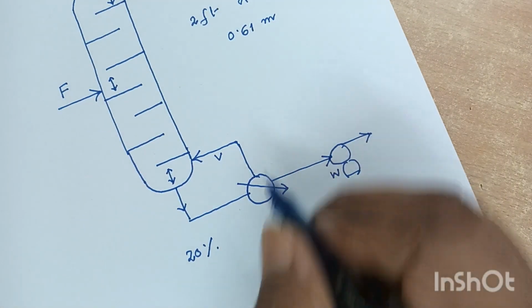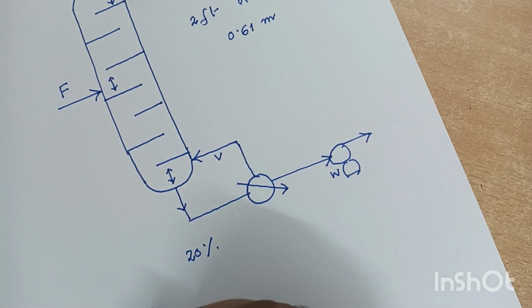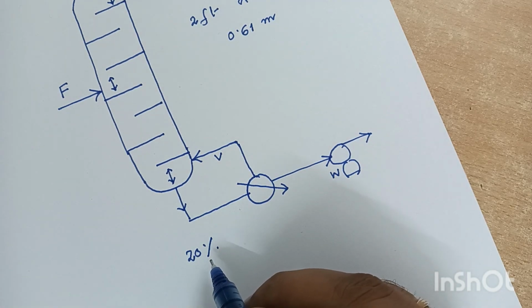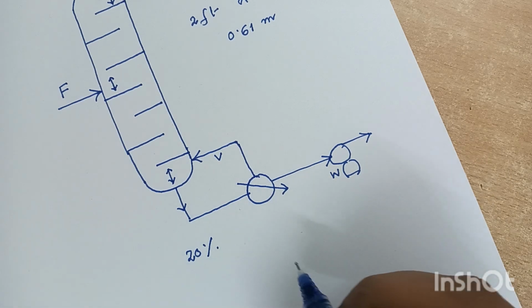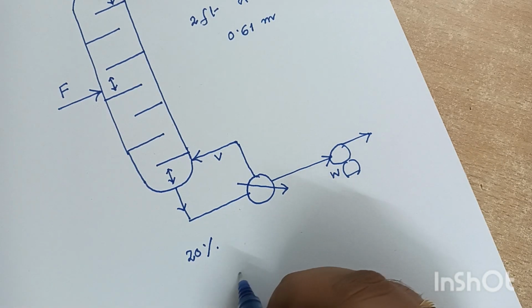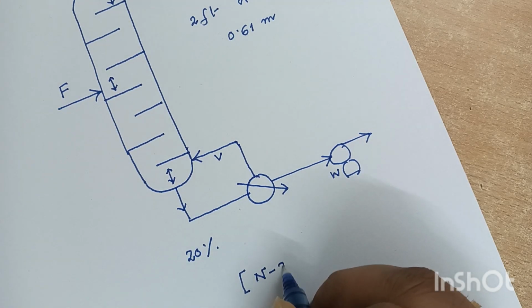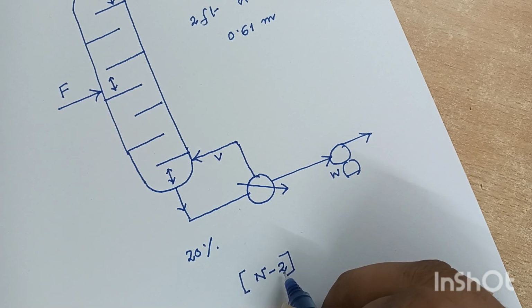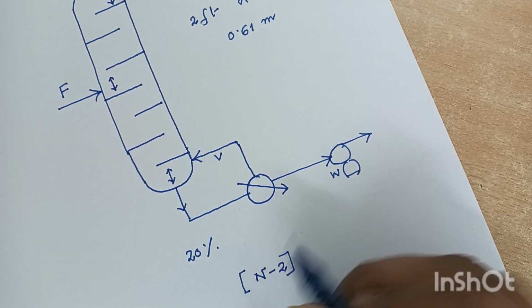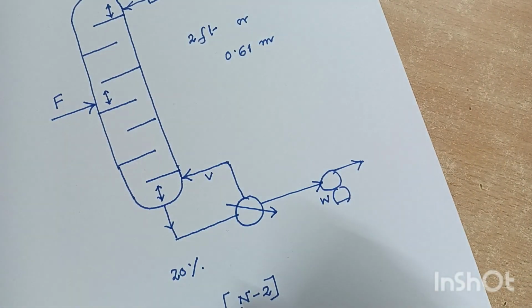Now if you need to find the height of the tower, the formula is H equal to... Since some extra 20% space is required, first of all, if the number of stages is n, to find the exact number of trays, 2 has to be subtracted. One is for the reboiler, another for the partial condenser. So the number of stages minus 2 gives you the number of trays.